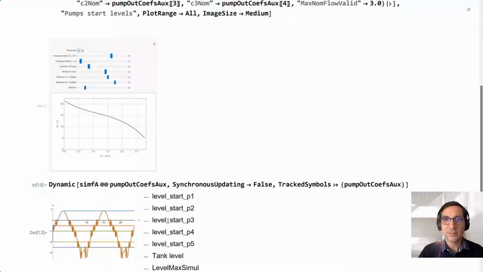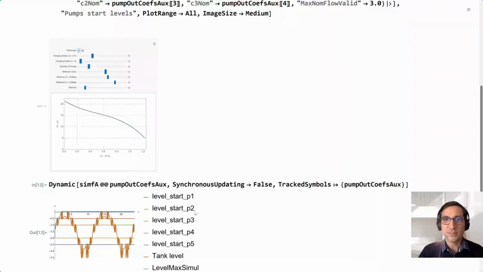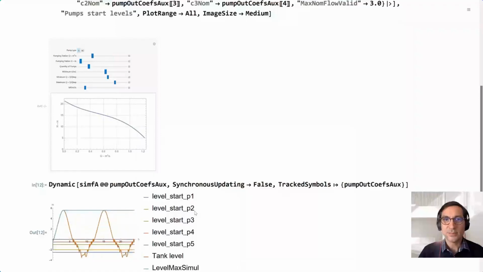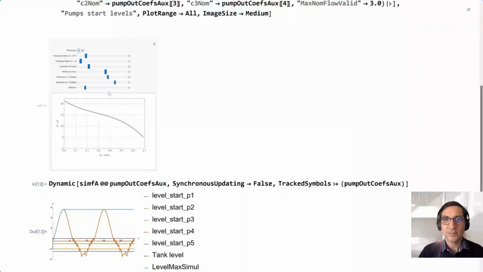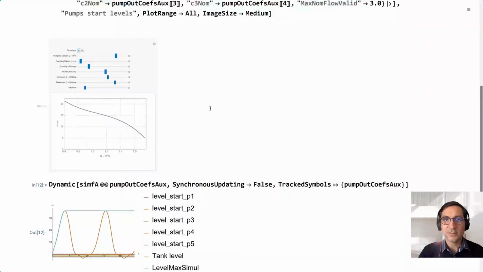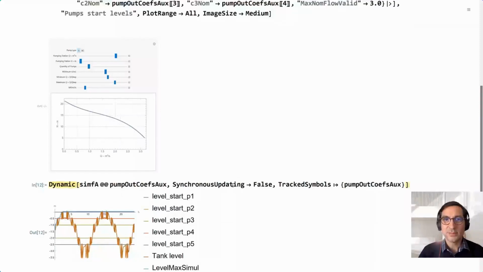And that's great. We can see the resulting max level in the simulation. We can have an idea of the number of starts and stops. We can visually, very quickly, see the impacts of what we are doing on the pump curve. That's very impressive and very useful, very, very powerful, definitely.